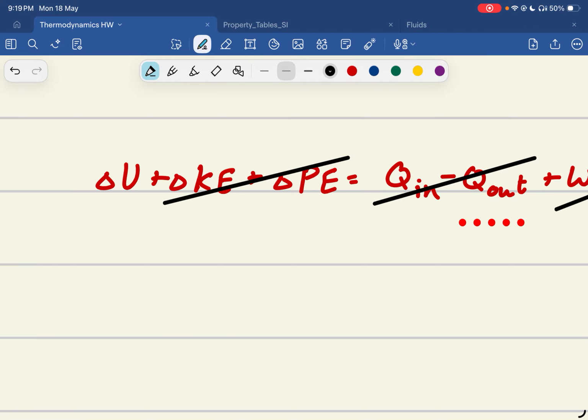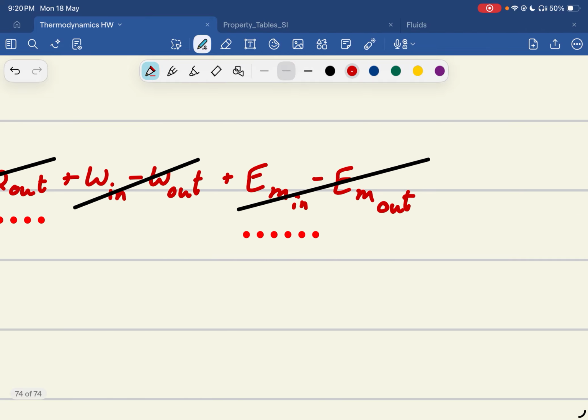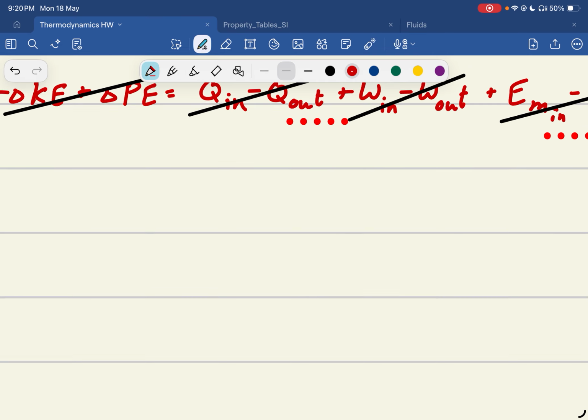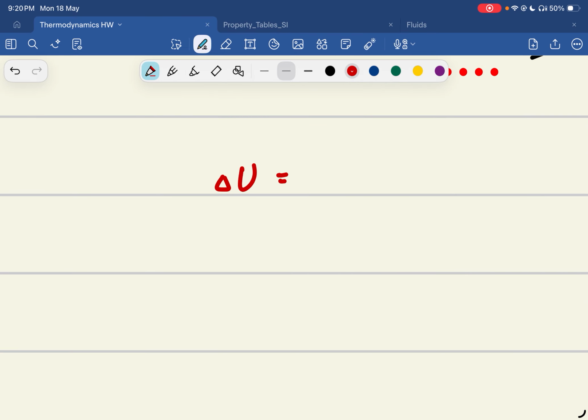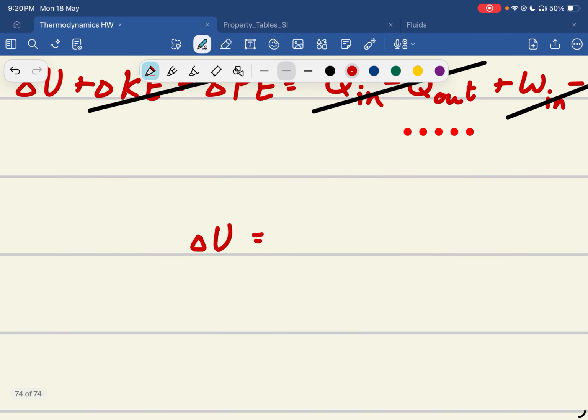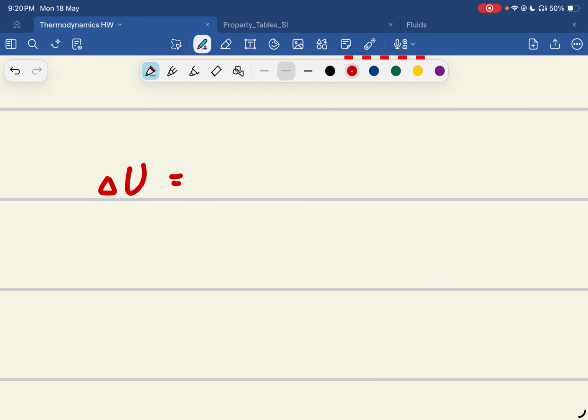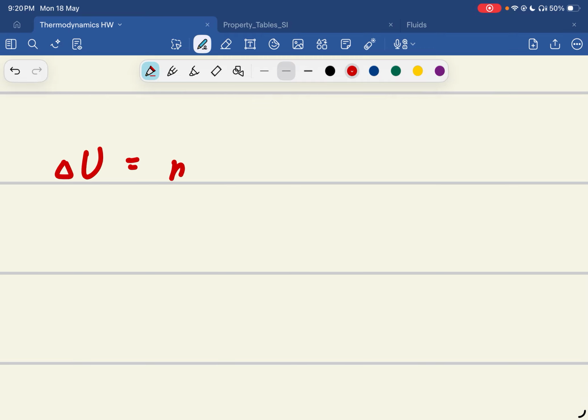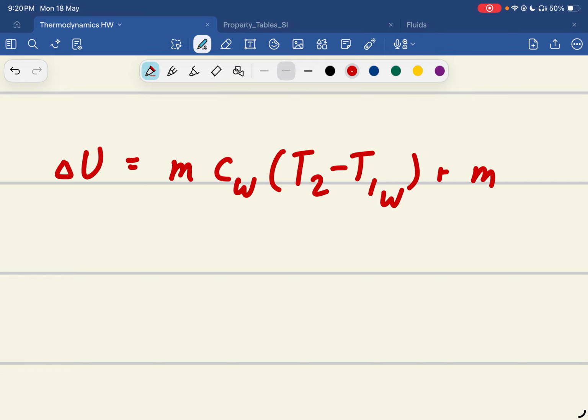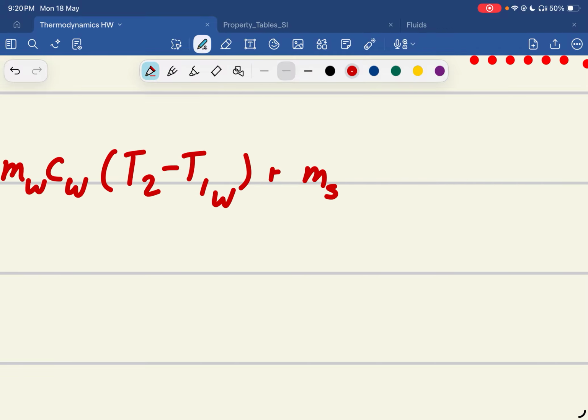So all of this equals 0, and delta U, since these are liquids and solids, we're not going to be using Cv or Cp. We're just going to use the constant specific heats. So it's mass of water times C of water times (T2 minus T1 of water), plus mass of steel times C of steel times (T2 minus T1 of steel).